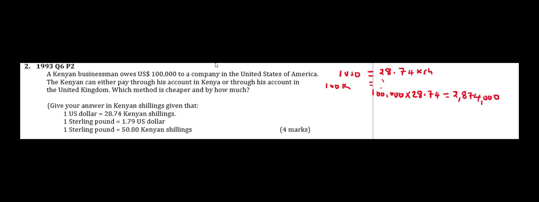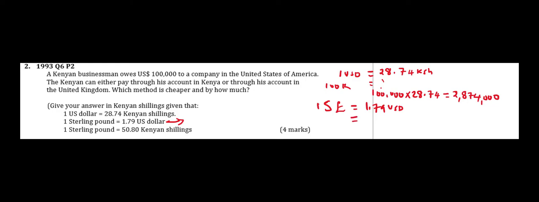2,874,000 Kenyan shilling. The next thing we are supposed to do: it will cost him that money in Kenyan shilling to pay through the Kenyan account. We are supposed to convert the US dollars into the sterling pound, that is the type of currency that's used in the United Kingdom. So the conversion rate for that is this: one sterling pound is equivalent to 1.79 USD.